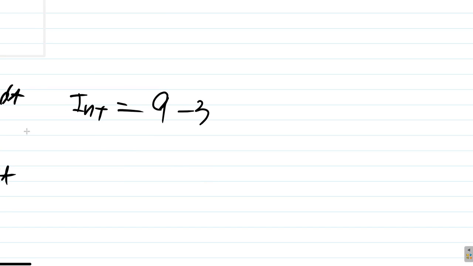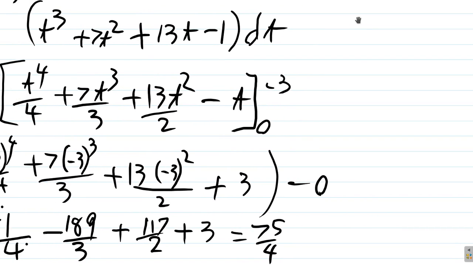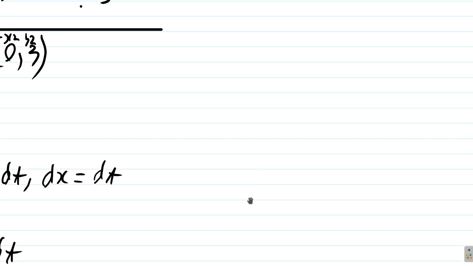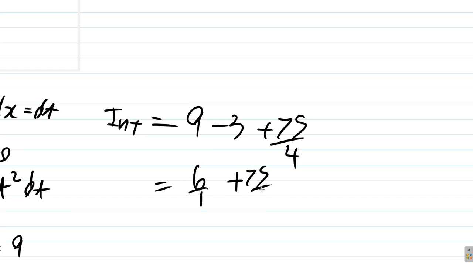This is minus 3. Plus 75 over 4. Alright, so this amounts to what? 9 minus 3 is 6. 6 over 1 plus 75 over 4.